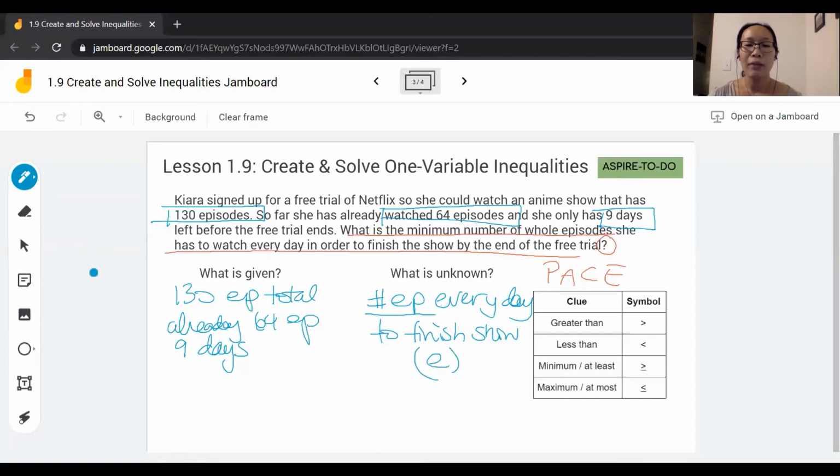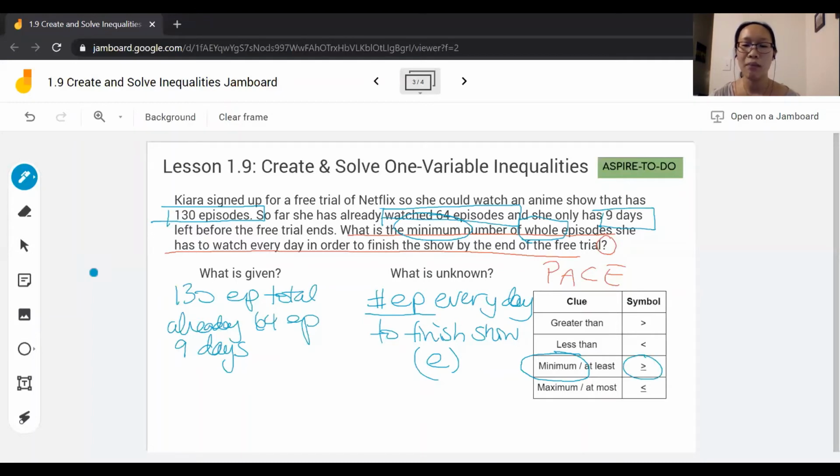We have all the pieces, but I'm not sure how these are related. I'm going to read my question again. I notice that it says, what is the minimum number of whole episodes she has to watch every day in order to finish the show? So minimum is a clue word. It tells me that we're dealing with an inequality with a greater than or equal to sign. And why is this true?